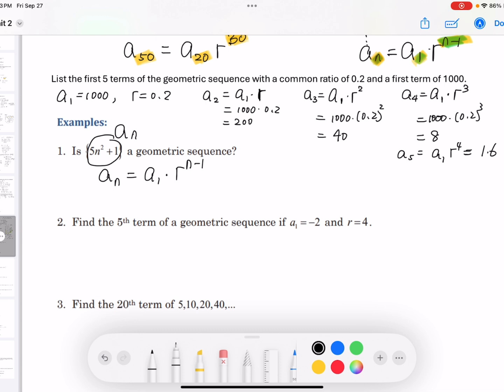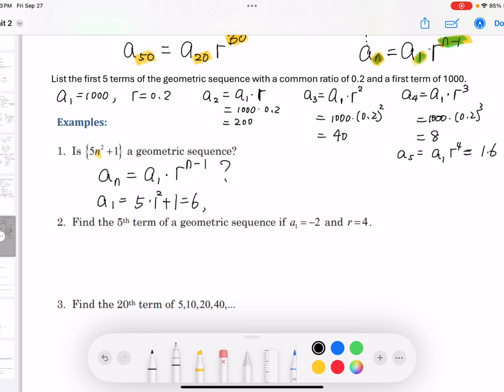I want to see if it can satisfy this equation. Is it true or false? So let me find a sub 1. Replace the n with 1. I'm going to have 5 times 1 squared plus 1 is equal to 6.